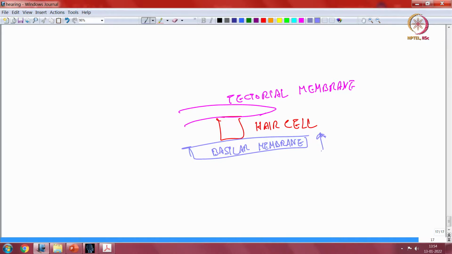Basilar membrane oscillates, hair cell oscillates, tectorial membrane is rigid, sort of rigid, and that causes the cilia to move, and that causes the signal to go to the Scarpa's ganglia.